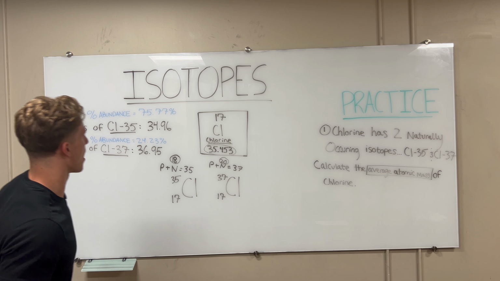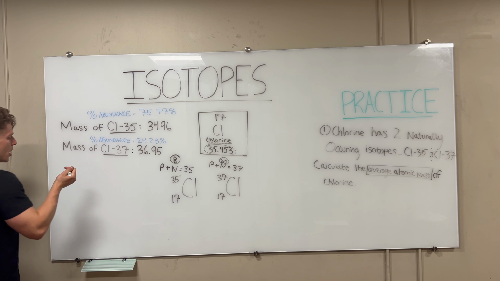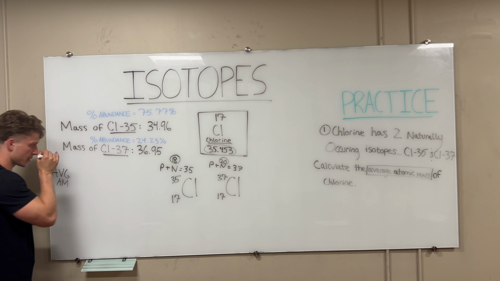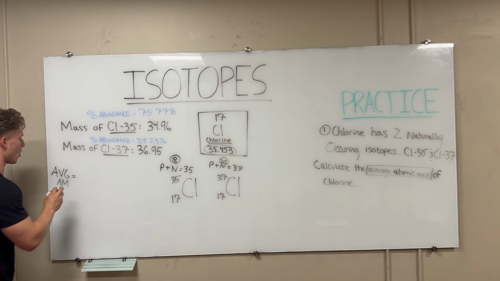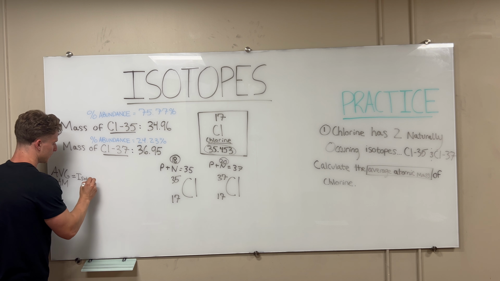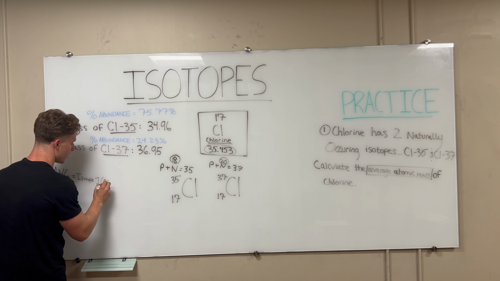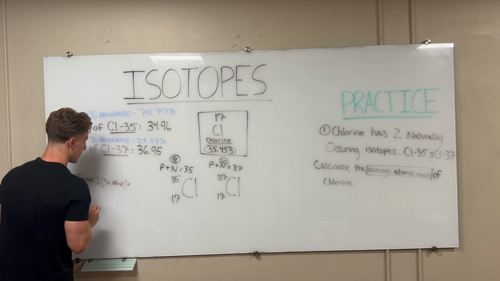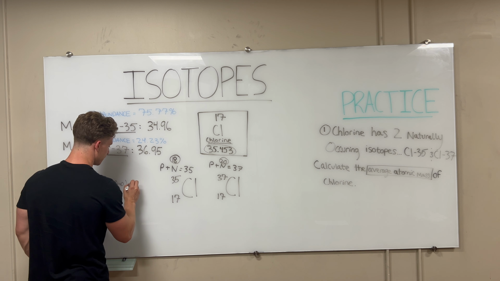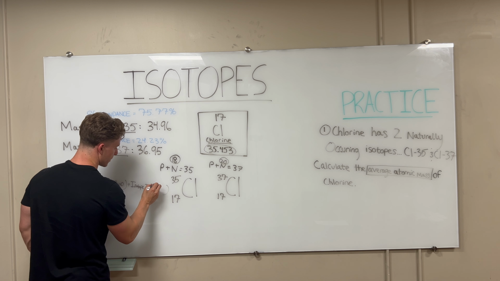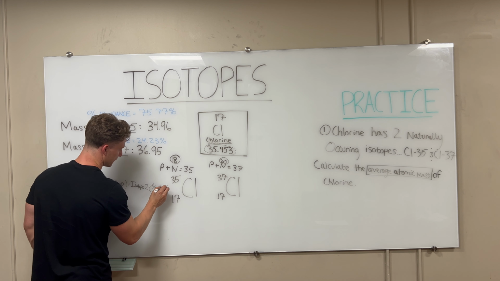So if we want to get that number out, we're going to have to follow a certain formula. If we want to find the average atomic mass, or the molar mass, that's going to be equal to the mass of isotope 1 times its percent abundance, plus the mass of isotope 2 times its percent abundance.